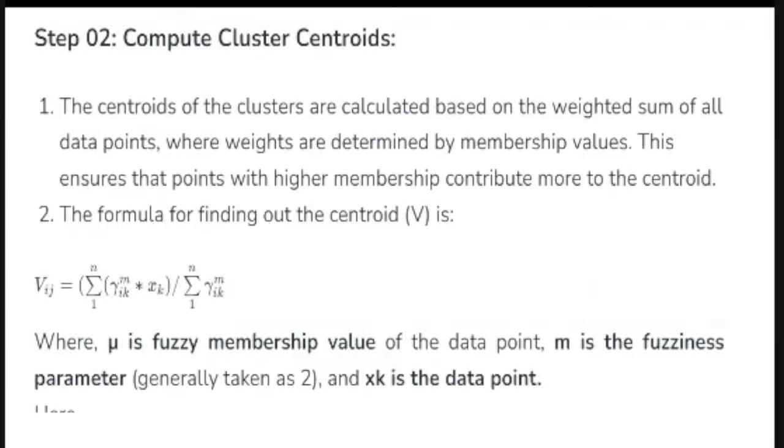Here mu is equal to the fuzzy membership value, m is the fuzziness, write 2, and xk is the data point.